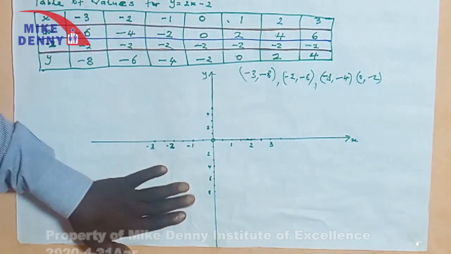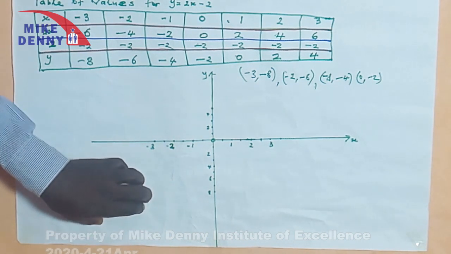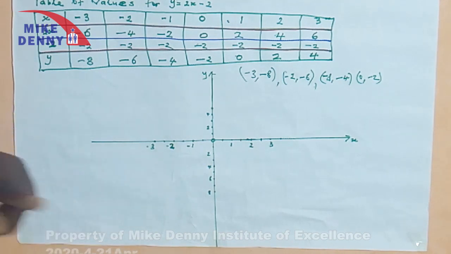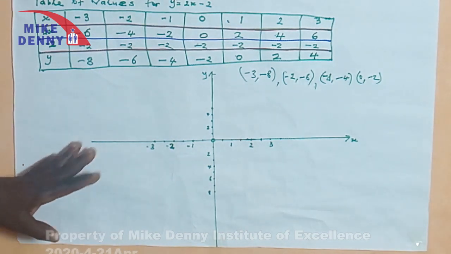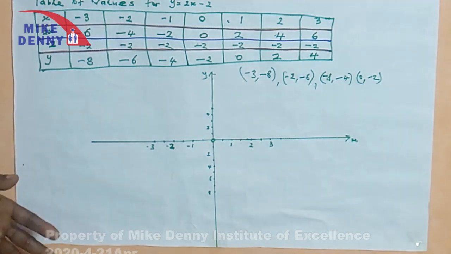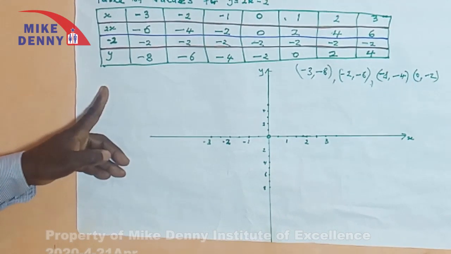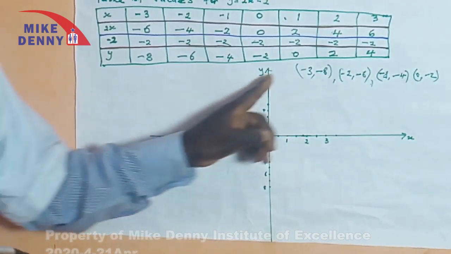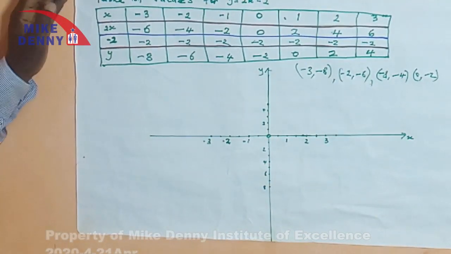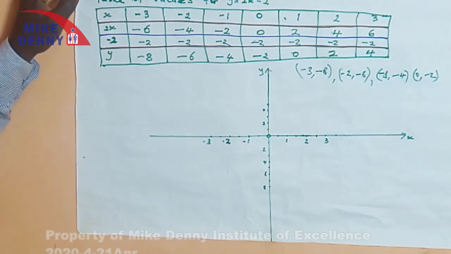I don't have a graph paper here, but I'm going to use this sketch, and then the graph paper which I've provided in the handout, you will use it now to plot the right relation. So we go over the plotting of points that we have done, so that you use the points that have been got from the relation y equals 2x minus 2 to arrive at the graph of that relation.